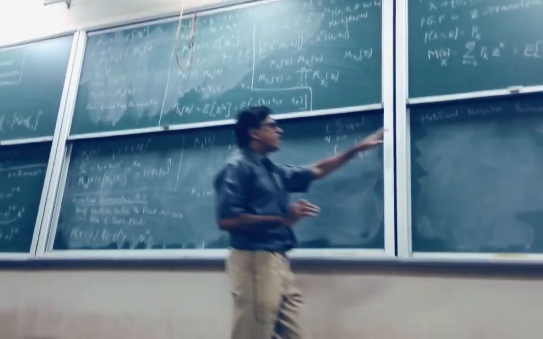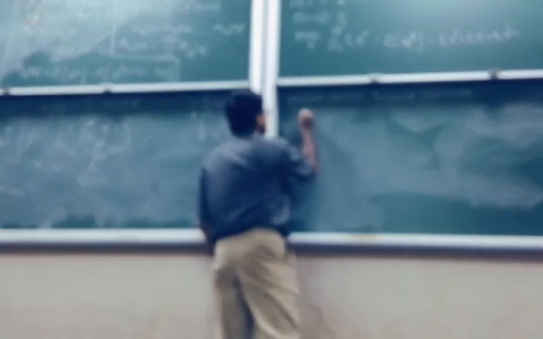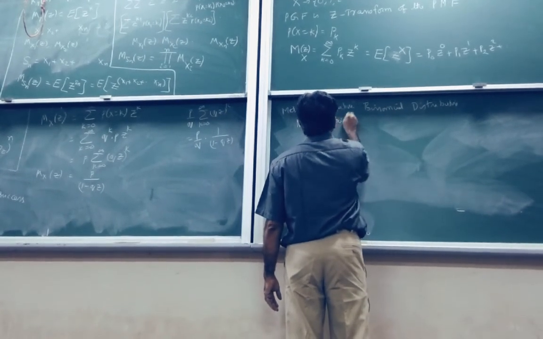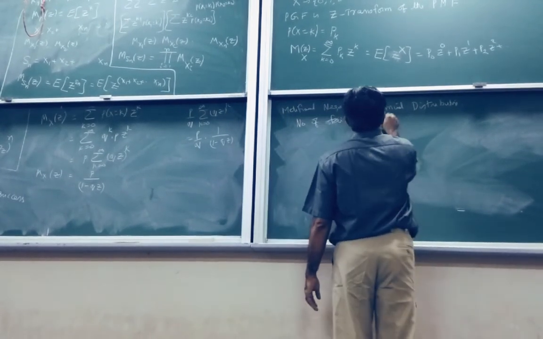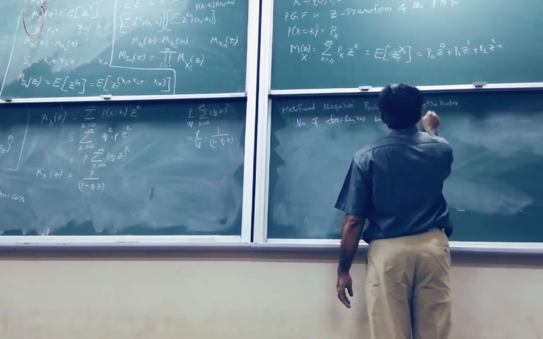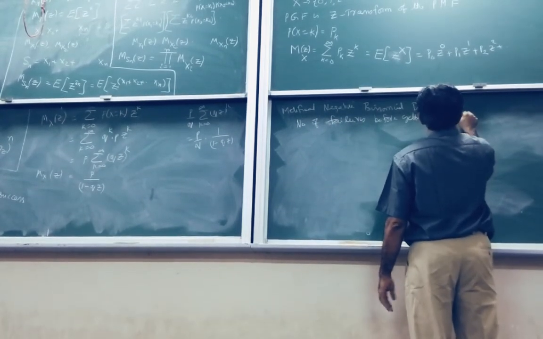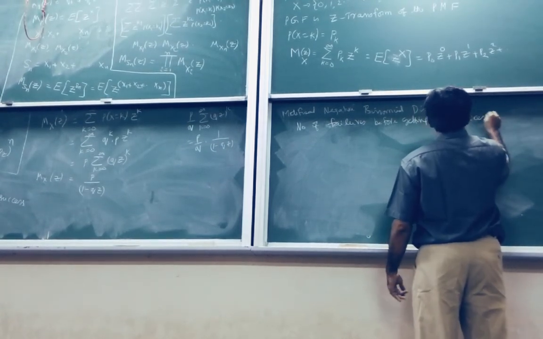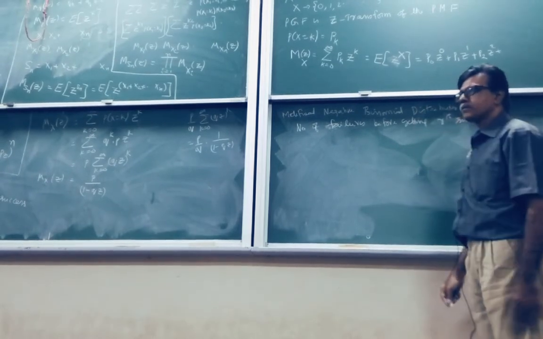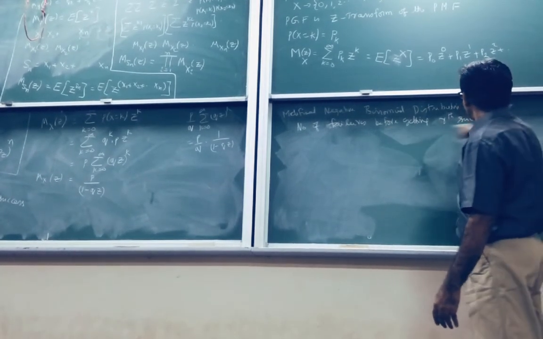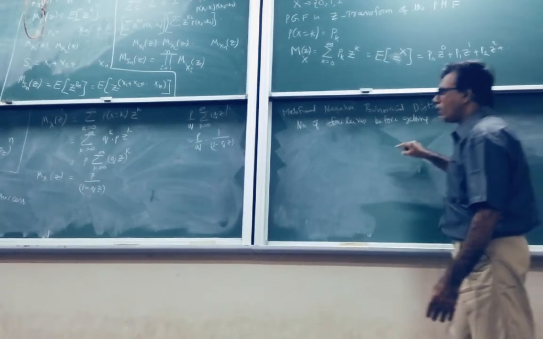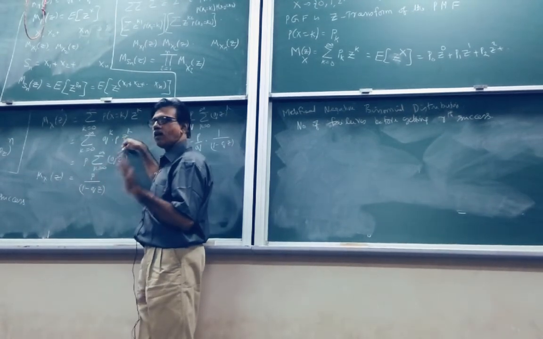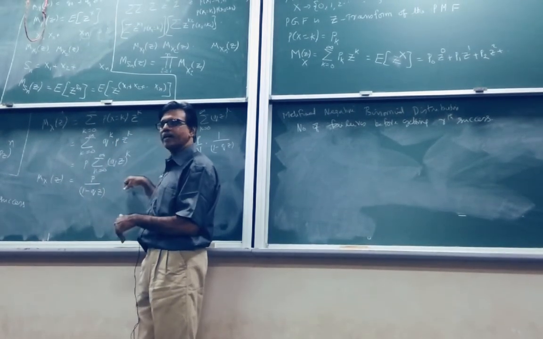Now again it is modified because you concentrate on failures. That is the number of failures before getting the kth success. Let us say the rth success. Again what we can do is write down the PMF for this and then substitute it and get the PGF.